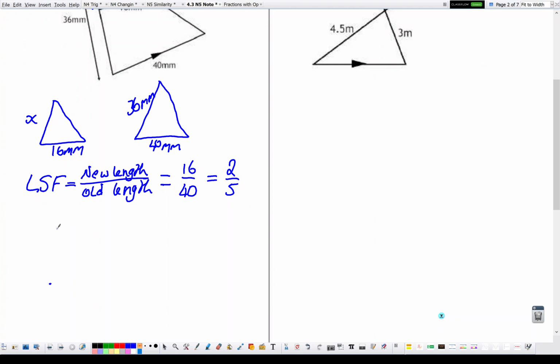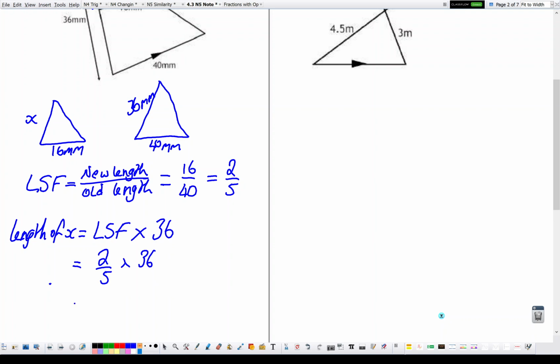Now, to get your value of x, so length of x, you take your length scale factor and you multiply it by the corresponding side to x, which is the side that is pointing the same way in both shapes. So that is 36 millimeters. So 2/5 times 36.